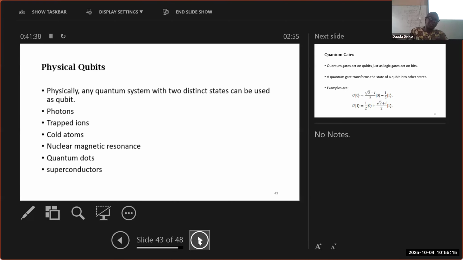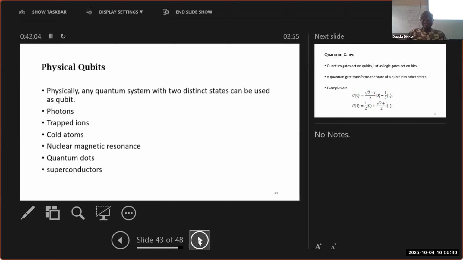When an electric field is applied to the ions, it means they are trapped, and when trapped, they form a qubit. Then you also have cold atoms. Cold atoms are neutral nuclei, which can also undergo spinning.